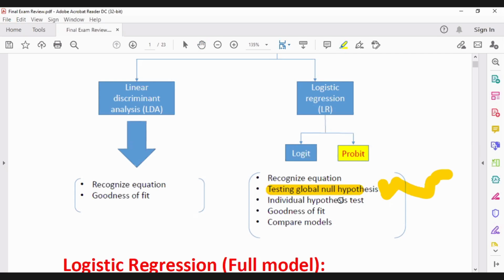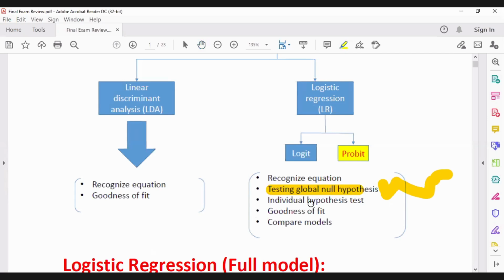By the way, the final will be very similar to the midterm, except that you get results from LDA, logistic, and probit, and you need to explain the results, argue whether the coefficients are significant or not, argue whether the model is globally significant or not, and so on.